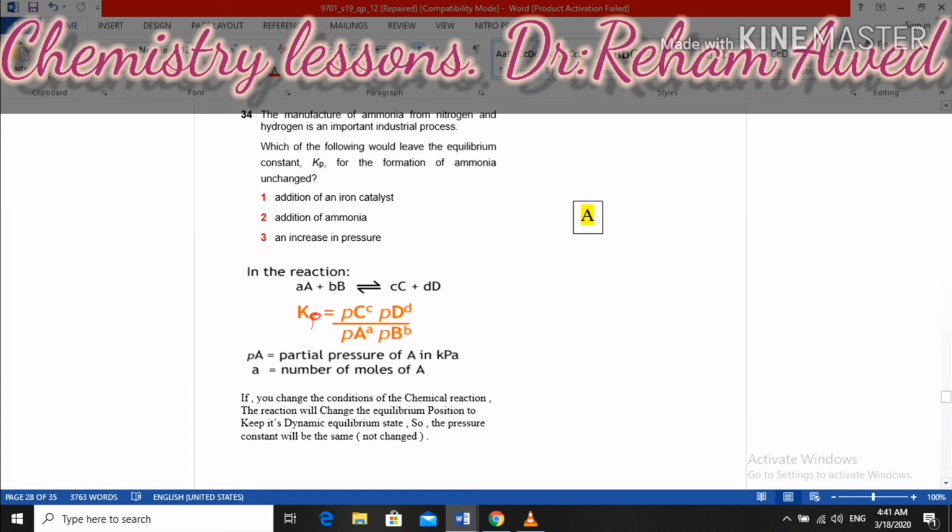If you change any condition, the equilibrium constant will stay the same.